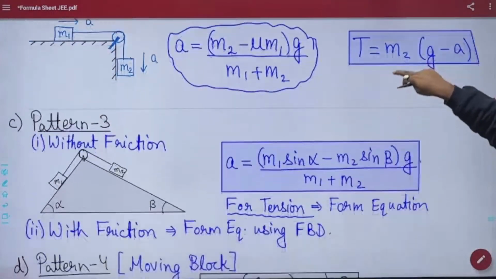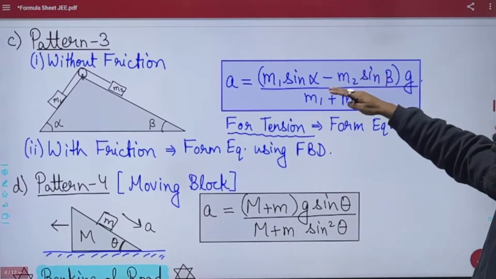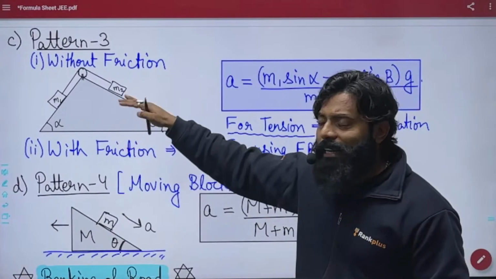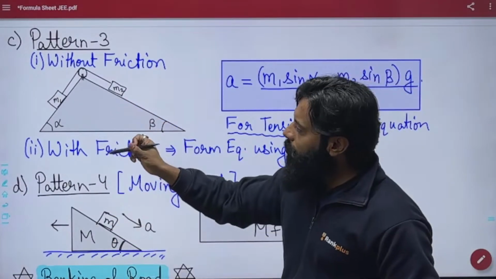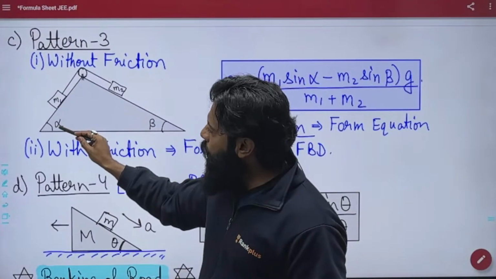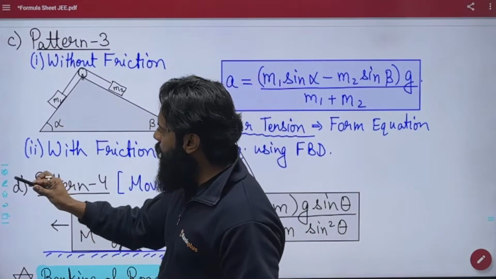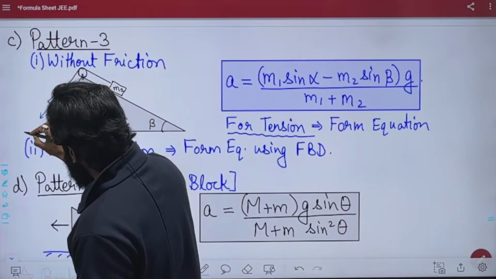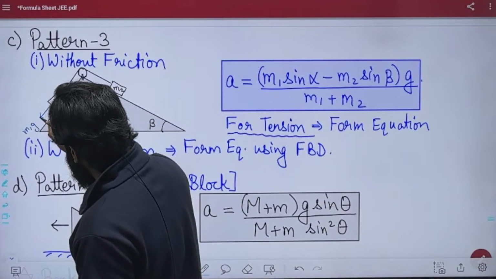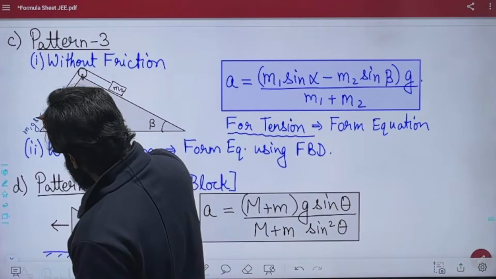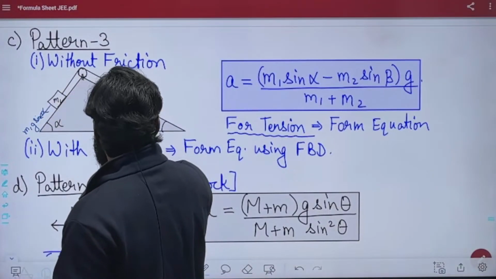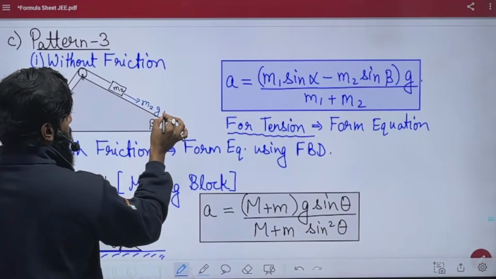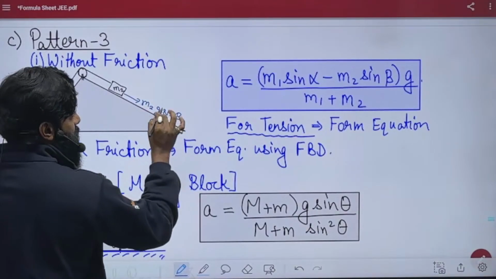Now let's move to pattern 3. In pattern 3, you will find a wedge-like structure, mainly an inclined plane. If there is an inclination of alpha here and beta here, when I make the free body diagram, I'll get m1 g sine alpha here, and here you will get m2 g sine beta.